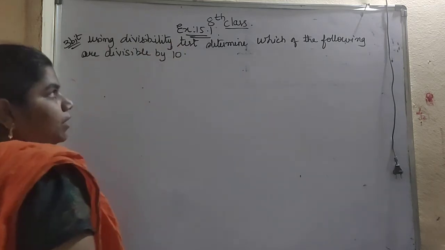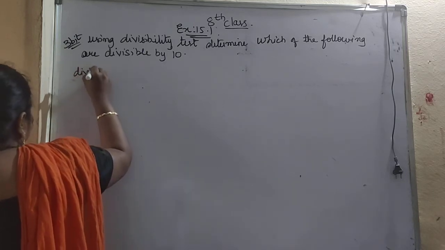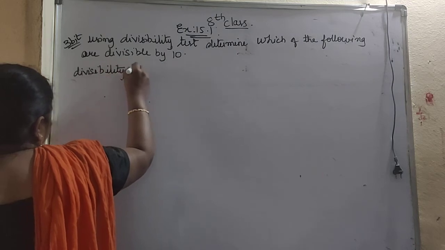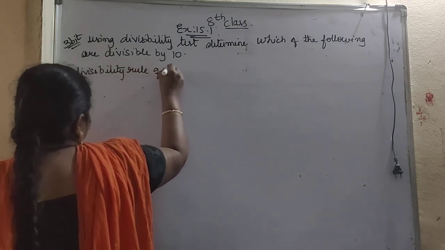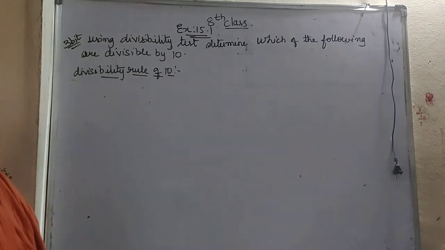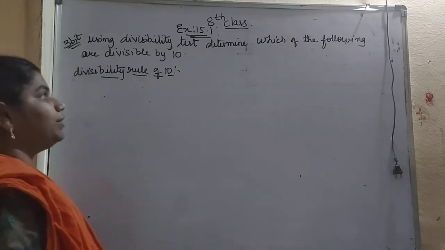So before starting, first we will write the divisibility rule of 10. What is the divisibility rule of 10? Last digit should be only 0. What is the condition?